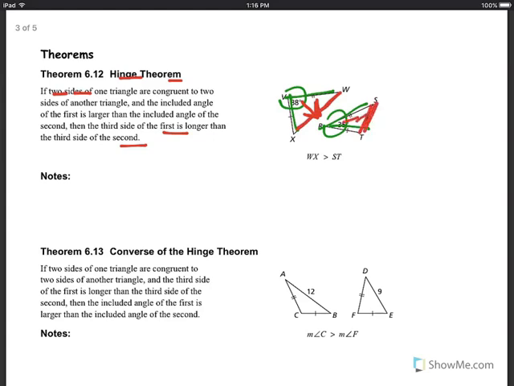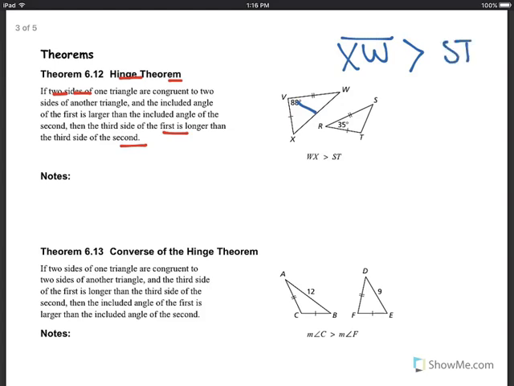Okay, so in this case, since angle V was 88 degrees and angle R was 35 degrees, we can then say XW is greater than ST. Okay, so we're going to be given angles and we're going to be comparing the opposite sides.